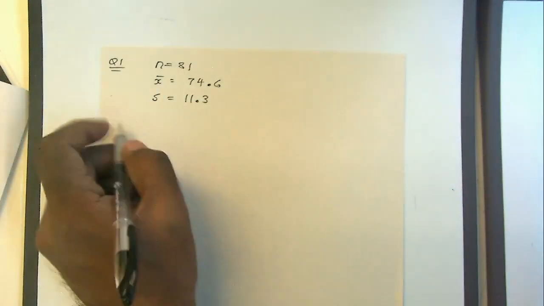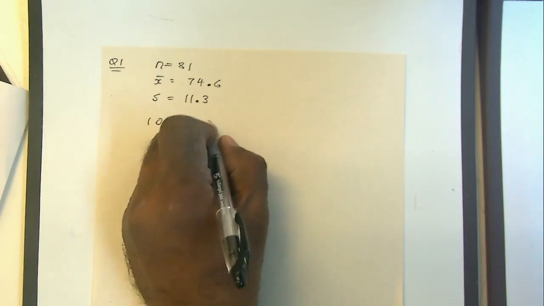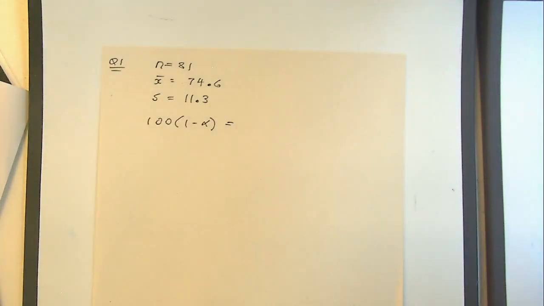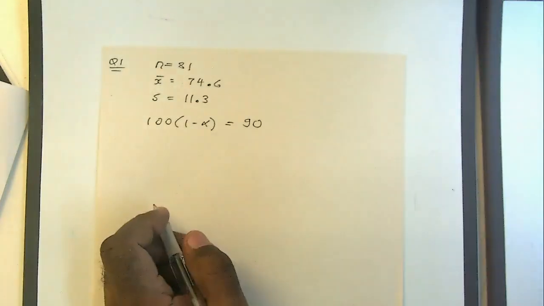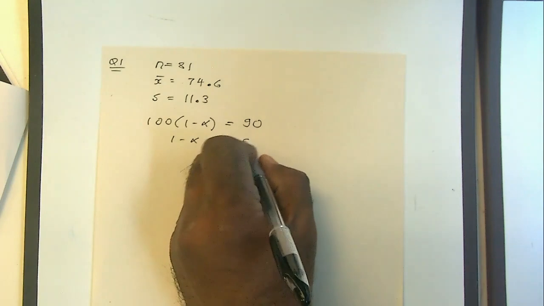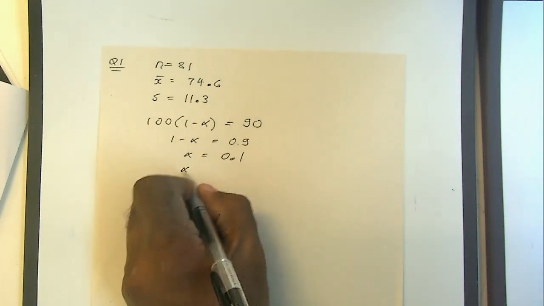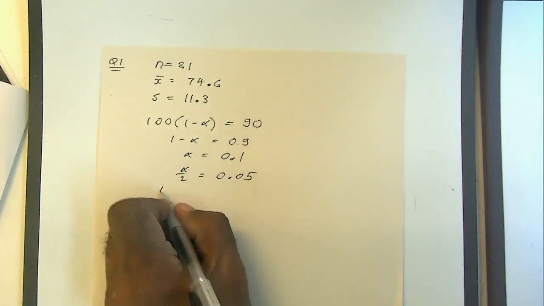Before that, you need to work out the level alpha, because we want to find the 90% confidence interval. So 100 times (1 minus alpha) is 90, which implies that 1 minus alpha is 0.9, alpha is 0.1, alpha by 2 is 0.05.